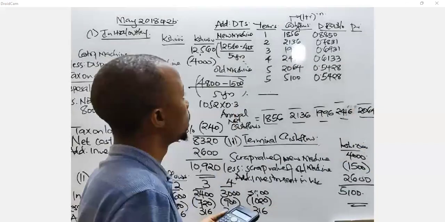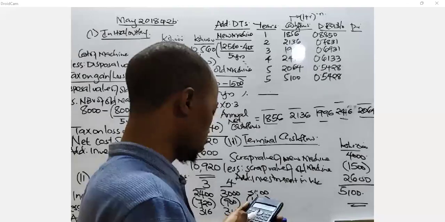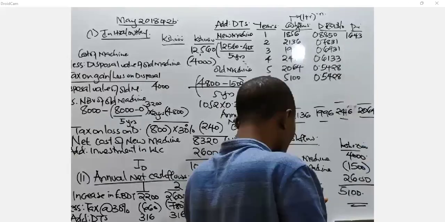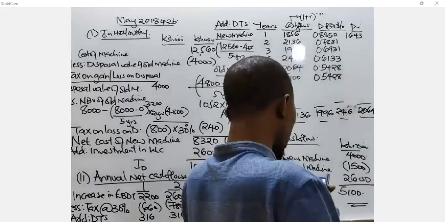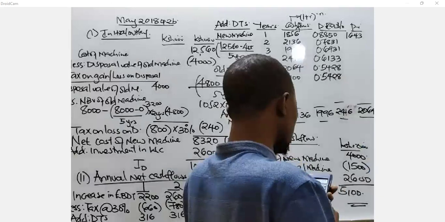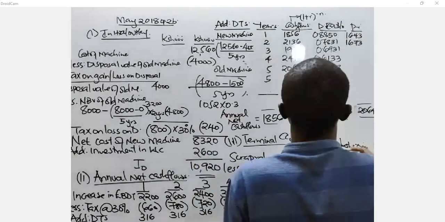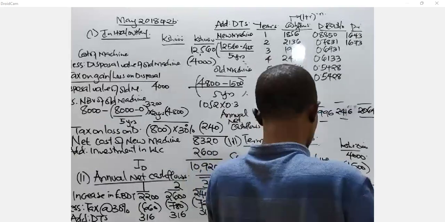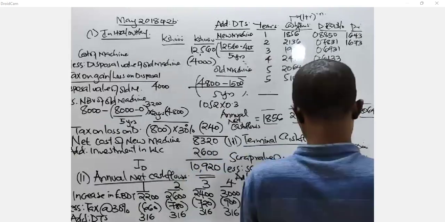So 1856 multiplied by 0.8850 gives 1643. 0.7831 multiplied by 2136 gives 1673. The other one will be 1996 times 0.6931, so 1383.